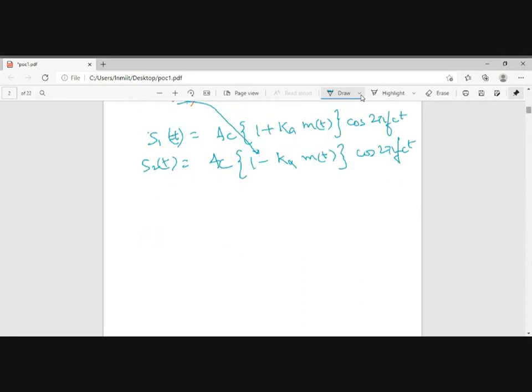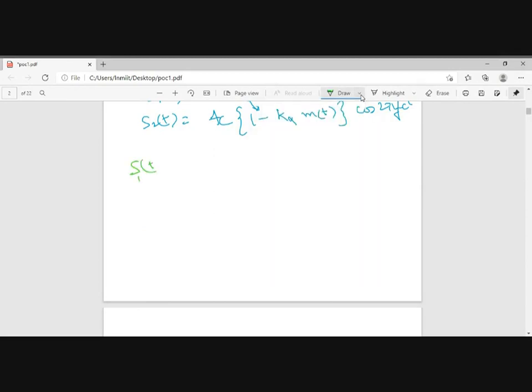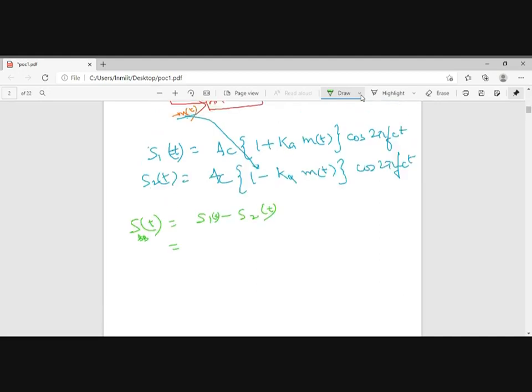If we solve this now, s(t) as s_DSBSC(t) is equal to S1(t) minus S2(t). If you solve this, these components will be cancelled out, so I will be getting 2 times Ac Ka m(t) cos of 2 pi fc t.